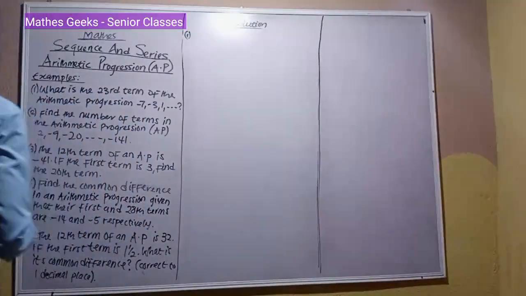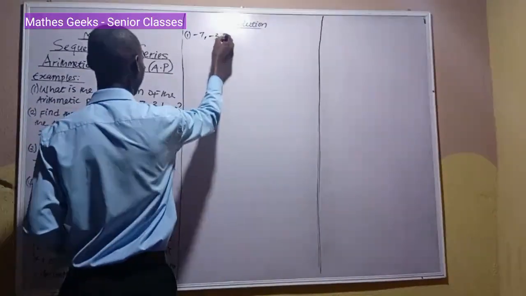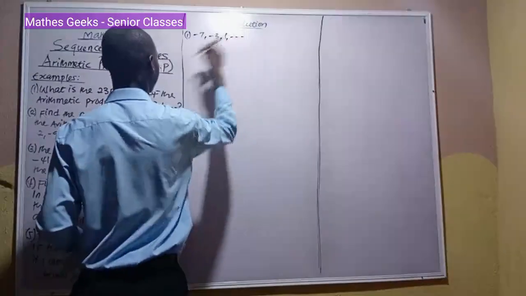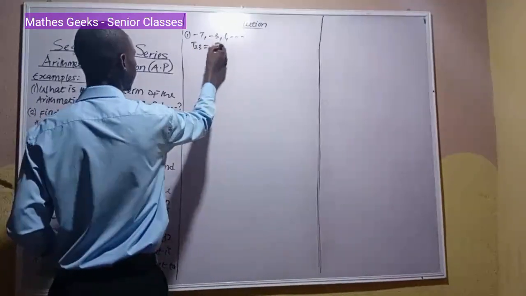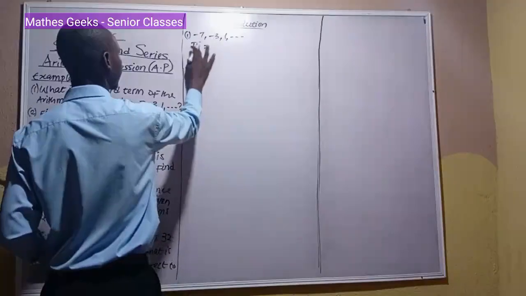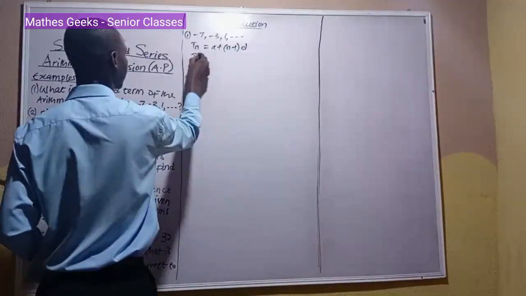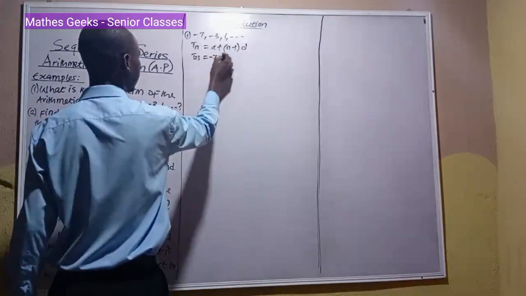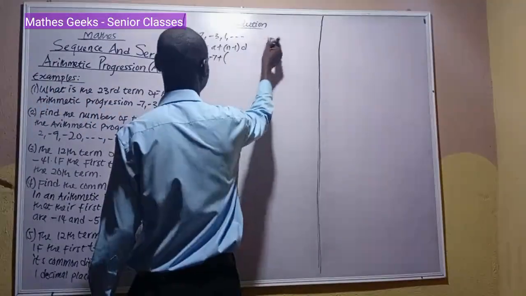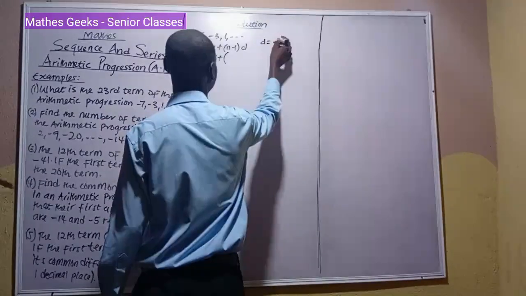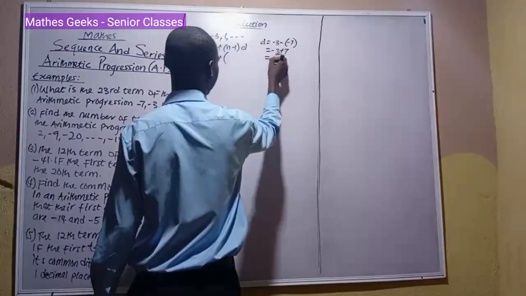One. What is the 23rd term of the arithmetic progression minus 7, minus 3, and 1? So the 23rd is T23. Our first term is minus 7. Okay. Let's see, Tn is equal to a plus n minus 1 d. So T23 is equal to first term minus 7 plus the common difference. The common difference is minus 3 minus minus 7, which is minus 3 plus 7, that's equal to 4.